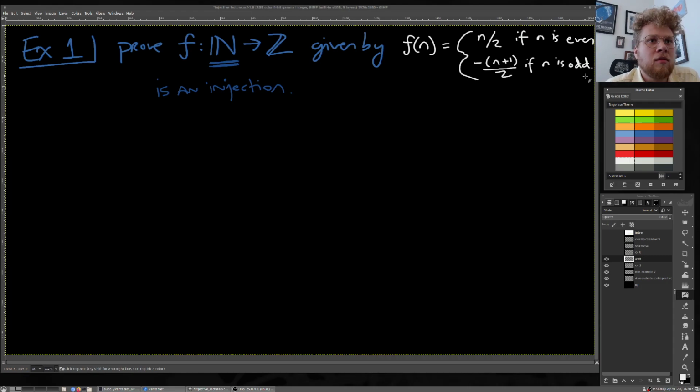You will sometimes get complicated functions that are defined in ways that seem a little confusing. It might be hard to wrap your head around, and you should not take for granted that they're functions. Or maybe you're trying to create a function, and you want to make sure that it's a function, because if you prove something's injective but it's not even a function, you haven't really proved it's injective, right?